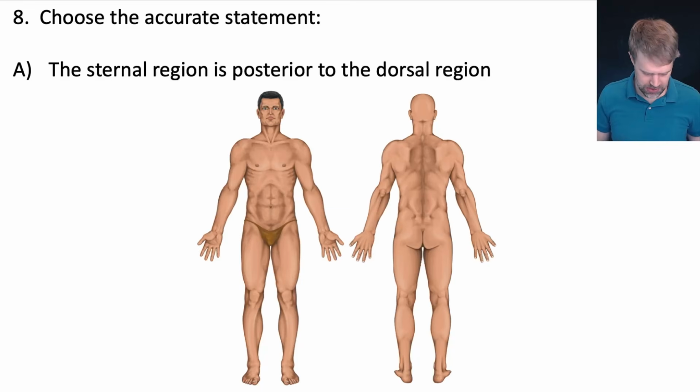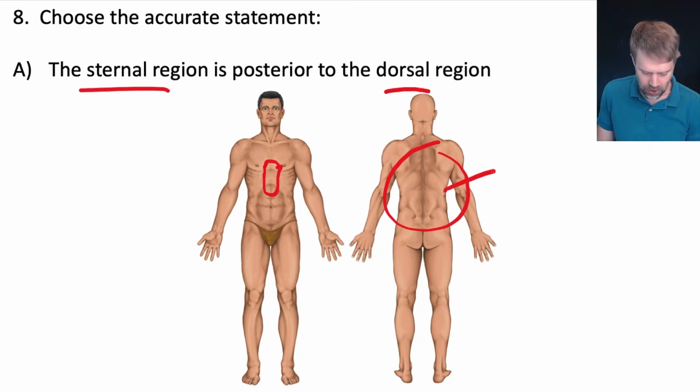Here, let's go step by step. A, the sternal region is posterior to the dorsal region. Okay, first off, what's the sternal region? The sternal region is where the sternum is, the front chest area. The dorsal region is generally the back area, okay?